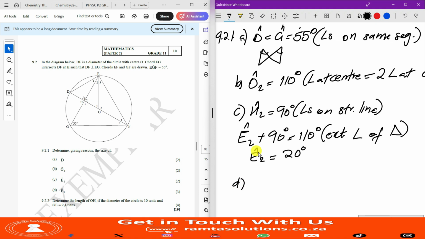Now, proceeding, we are now going to question D. Question D says look for angle E3. Before I proceed, I need to ask myself, I also found that there are many ways of doing E3. I found about 3 methods, but I will choose the shortest and easiest.